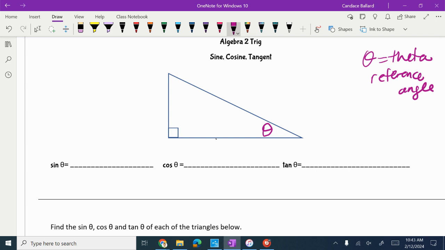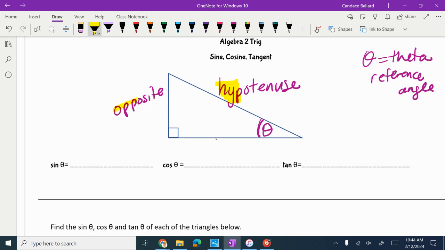All right. So now that I've got that labeled, I know across from my right angle, that part of the triangle has a name. It's called the hypotenuse. I will typically abbreviate it HYP. Sometimes I'll just abbreviate it H, because I'm lazy. Across from the reference angle is called the opposite leg.